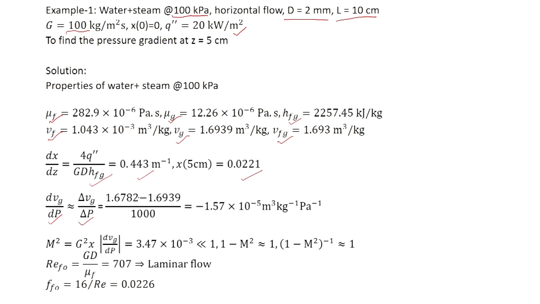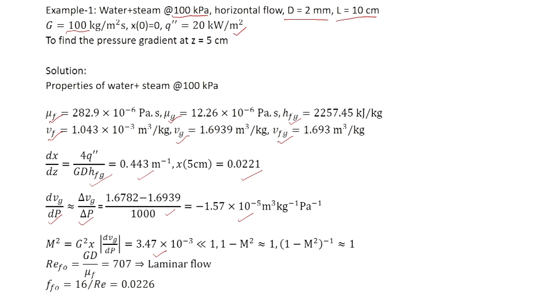At these two pressures, the value of Vg has been taken, and then we get the value of dVg by dP as minus 1.57 into 10 raised to minus 5 SI units. Now, using this we calculate the value of m square, which is 3.47 into 10 raised to minus 3.